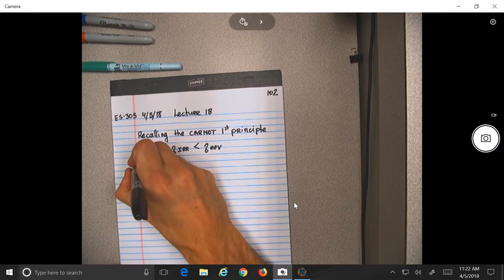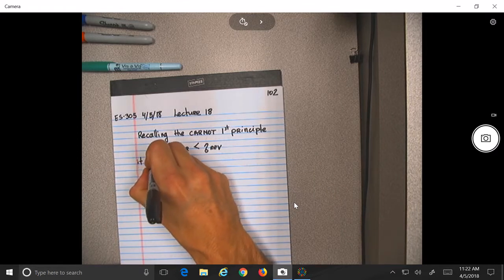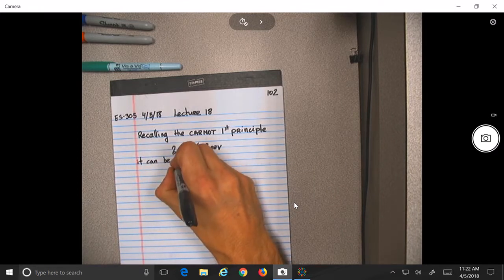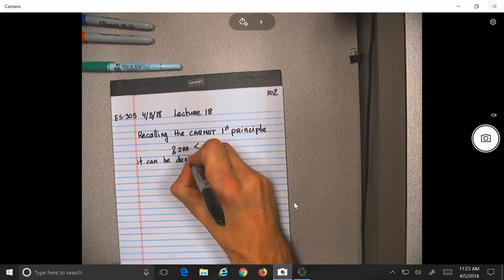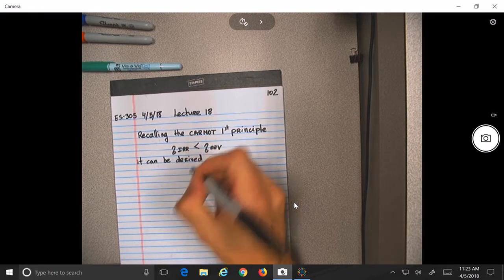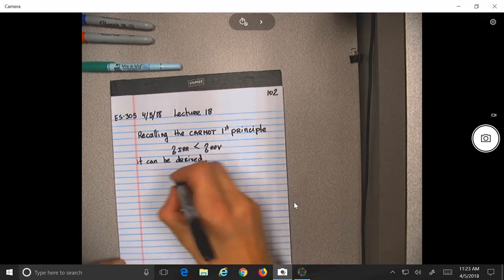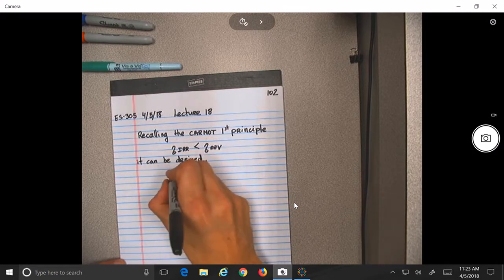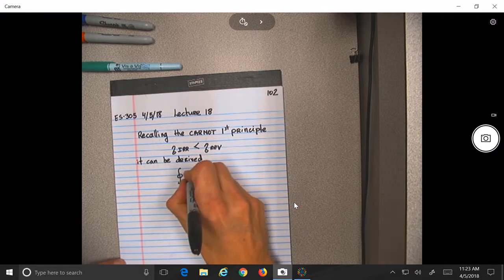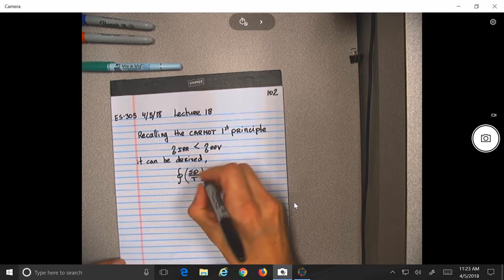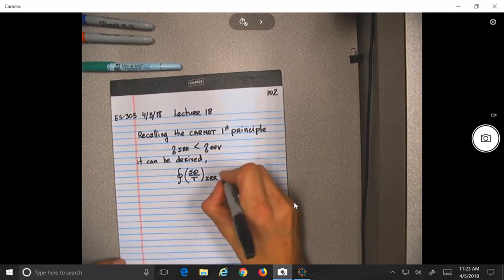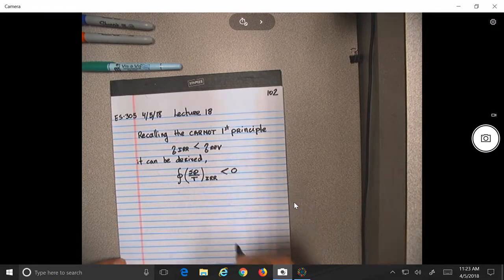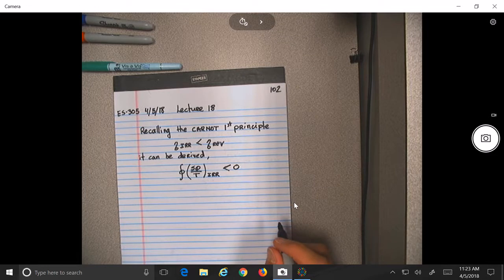I say that, but it's not really complicated, okay? It's 3 lines, but I don't see why we're going to do it. So it can be derived that for an irreversible cycle it will be lower than 0.